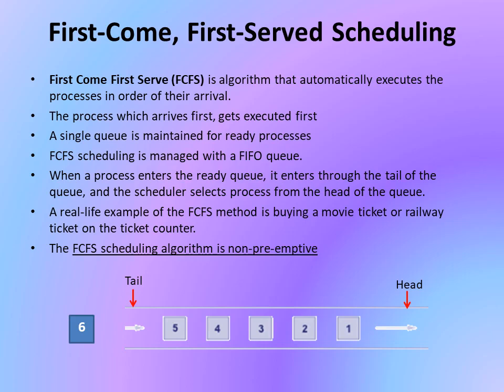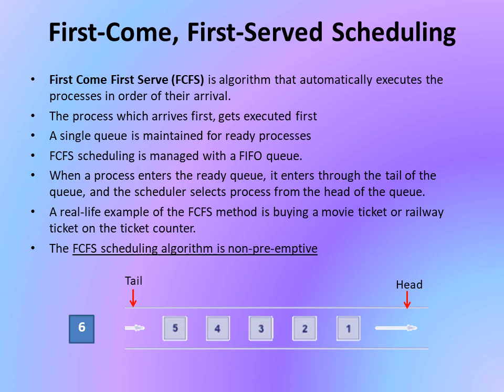As shown in the figure below, when a new process arrives for execution, its number is 6 and it's placed at the tail, that is at the end of the queue, after process number 5. Now the scheduler needs to select a process for execution.